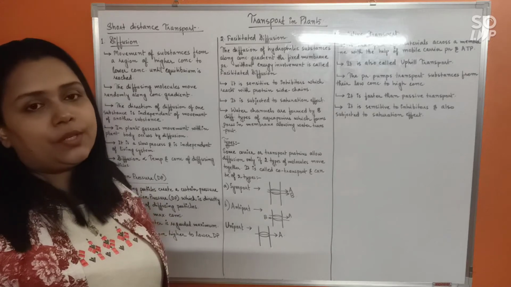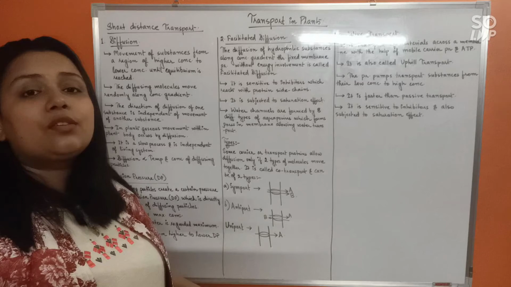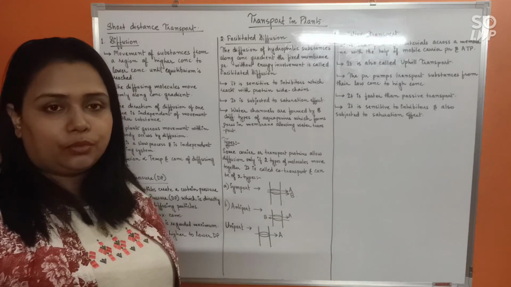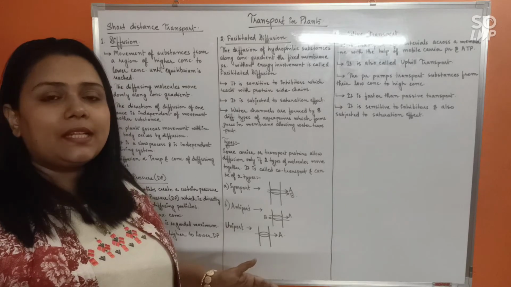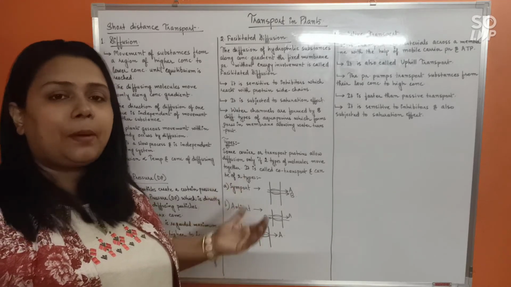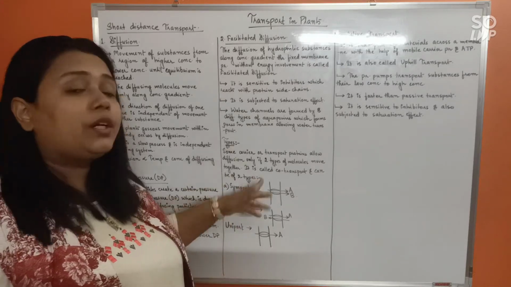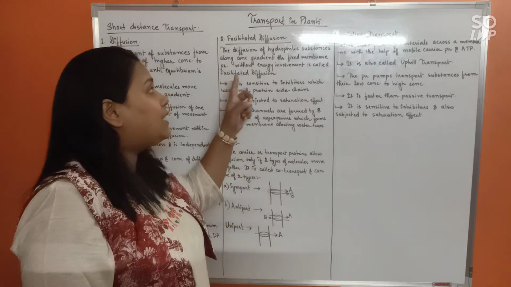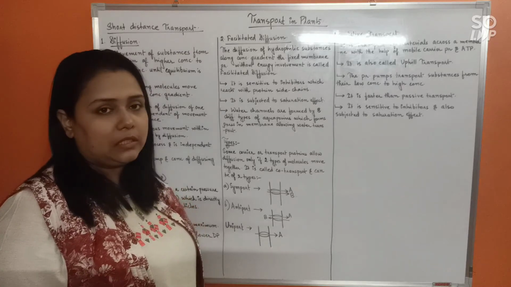So water or water-soluble substances, if they have to pass through the plasma membrane, their transport has to be facilitated. It cannot occur on its own, unlike lipid-soluble substances. Lipid-soluble substances can pass through the plasma membrane by simple diffusion. But water-soluble substances will pass through the plasma membrane by facilitated diffusion with the help of certain transport proteins.